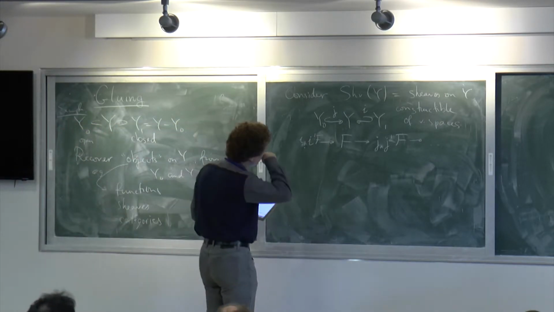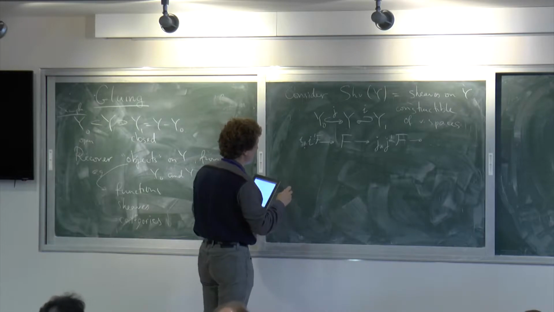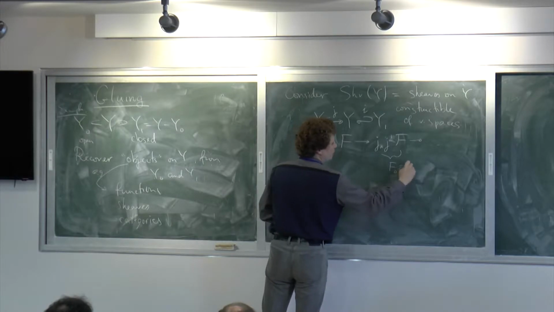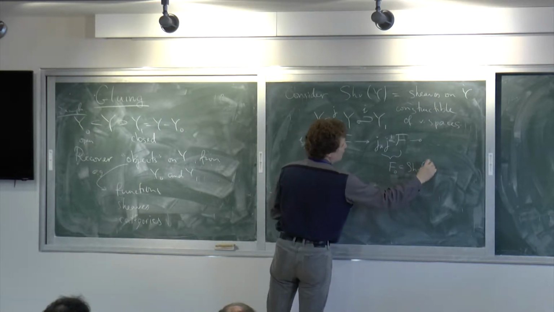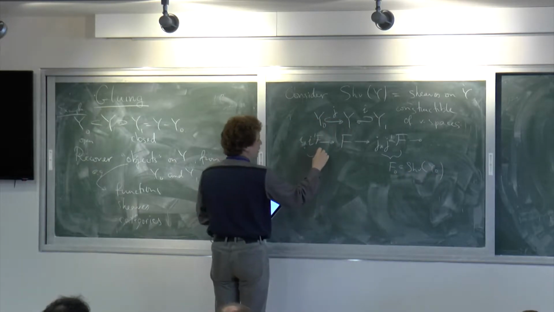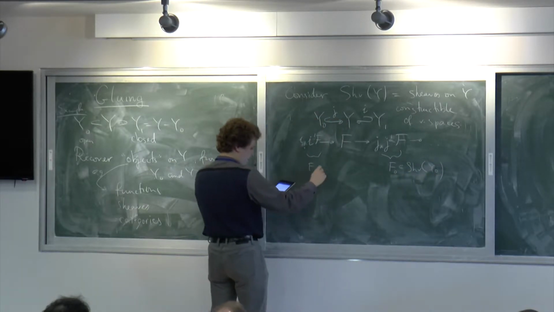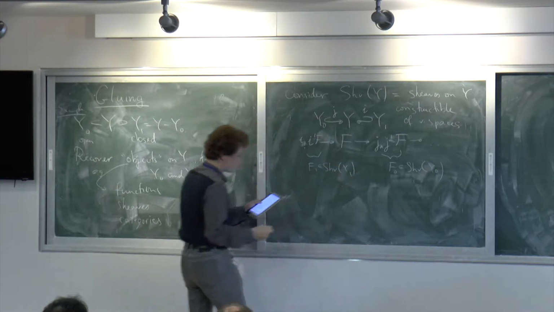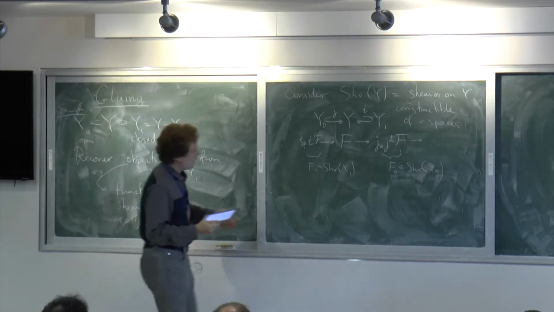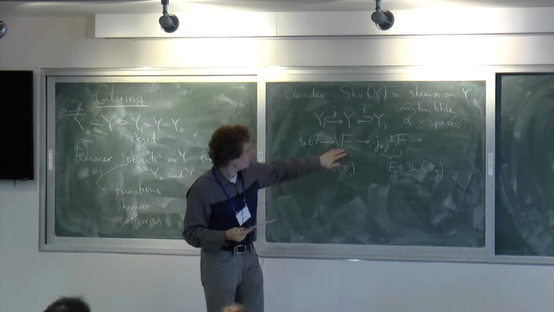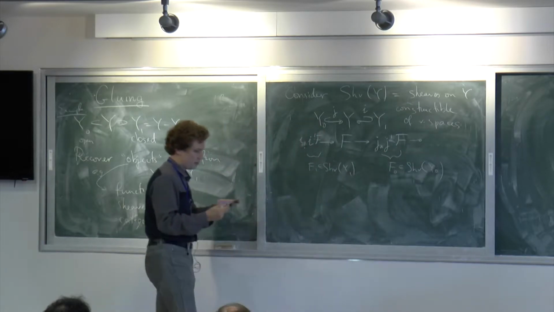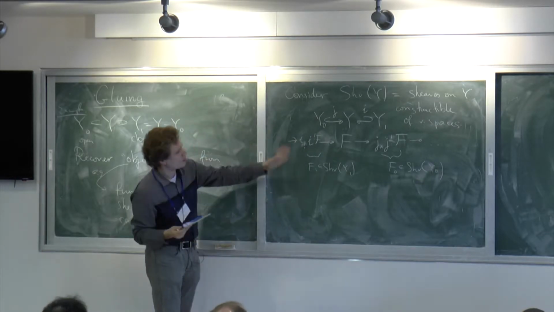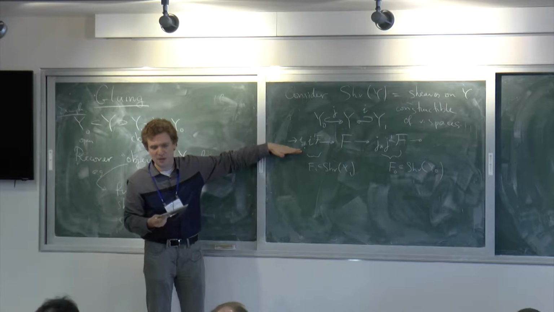So continue. Now let me denote the two restrictions by F0 and F1. This one is going to be F0, which is a sheaf on the open set. This one is going to be F1, which is a sheaf on the closed set. So now if we want to recover F, maybe let me continue this sequence on the left. We can recover it as the cone of the previous map in this sequence.